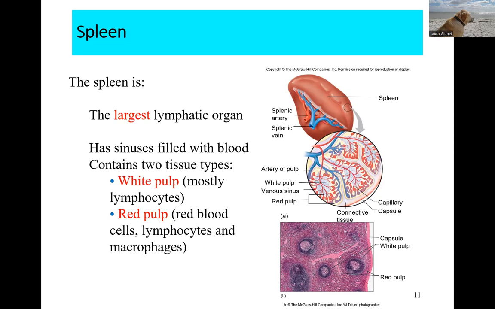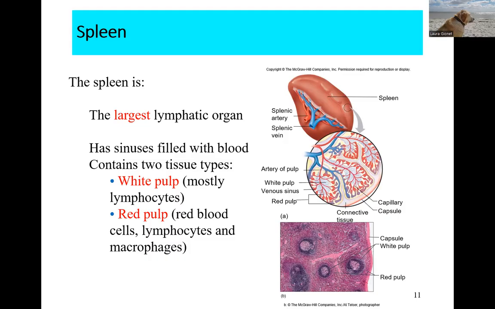Okay, so the spleen is the largest lymphatic organ of the body. Good to know. It has sinus areas filled with blood, and it contains two types of tissues, white pulp and red pulp. The white pulp area is generally where you find mostly lymphocytes, and the red pulp is where we find everything else. Mostly red blood cells, that's why it's red, some lymphocytes, and some macrophages.